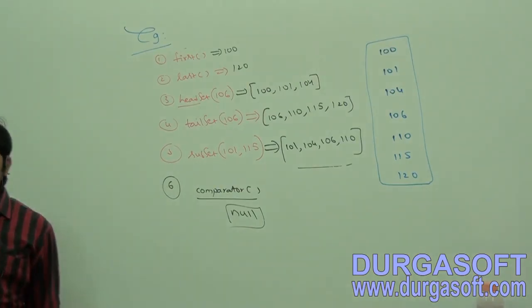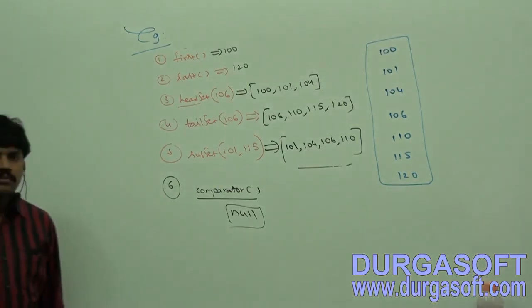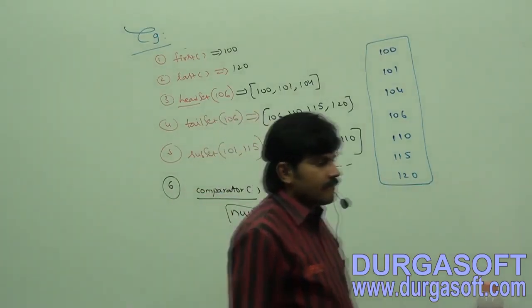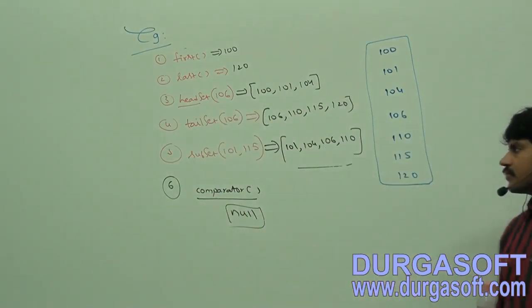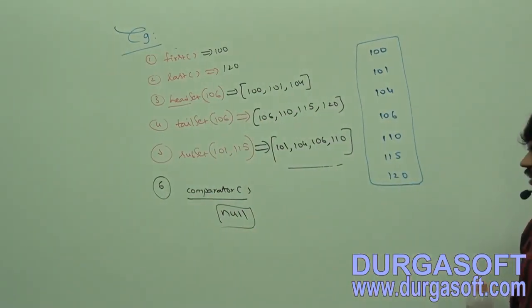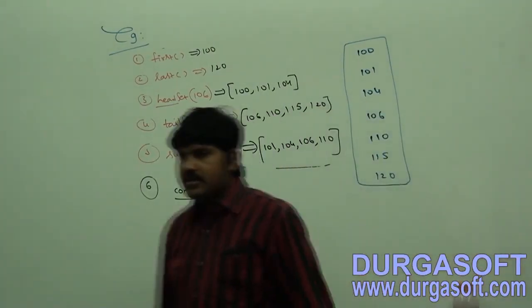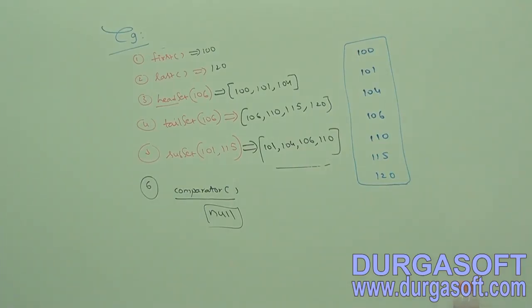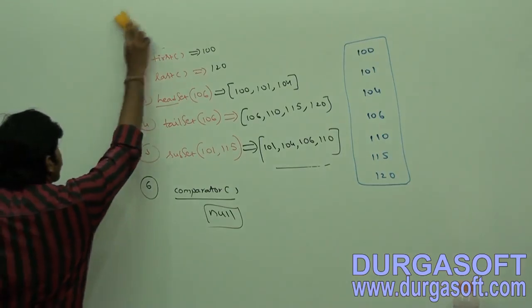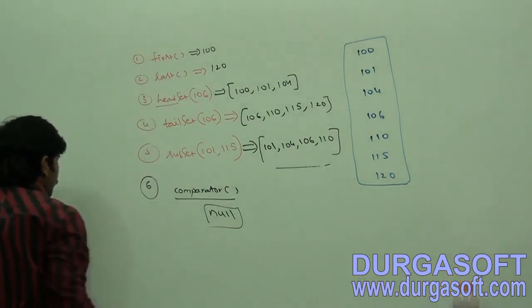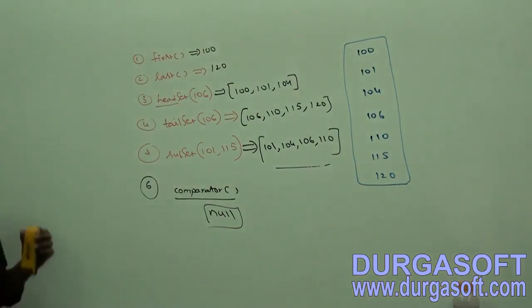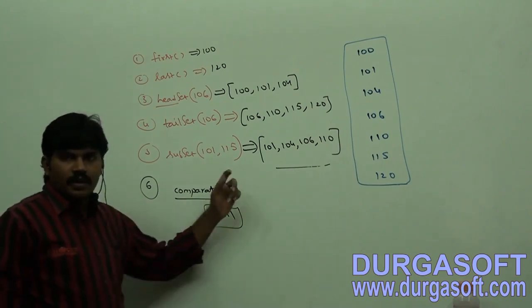I hope that is clear, right? Take it clearly: first, last, headSet, tailSet, subSet, comparator. Okay, now completed, I hope.